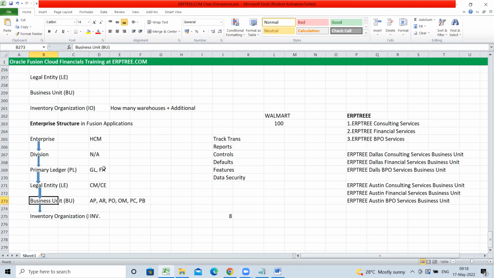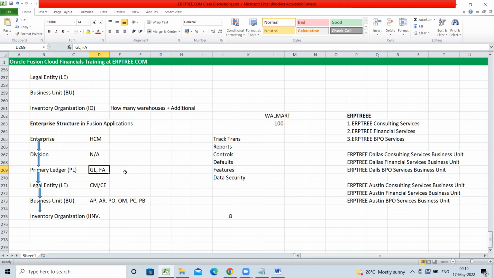In fixed assets also, just as we use the primary ledger in AP, fixed assets also use the primary ledger. But to classify which business unit the transaction data belongs to, we use the concept of business unit. In AP, you select which BU the invoice belongs to, so that you can segregate the invoices.